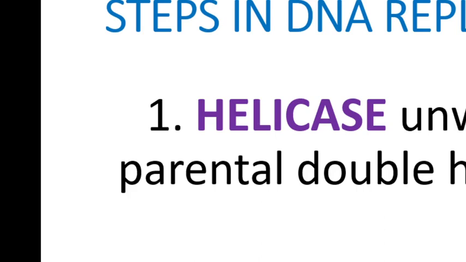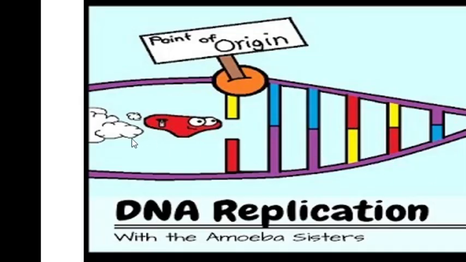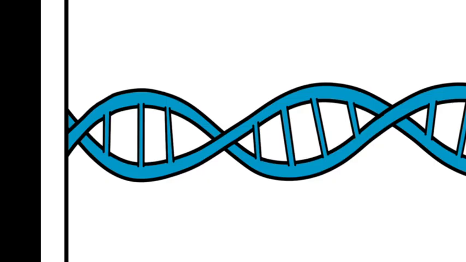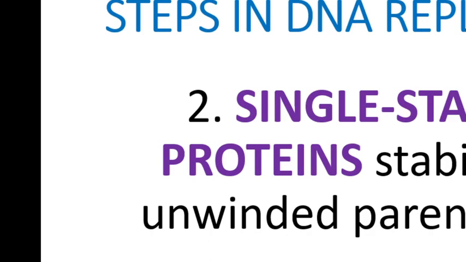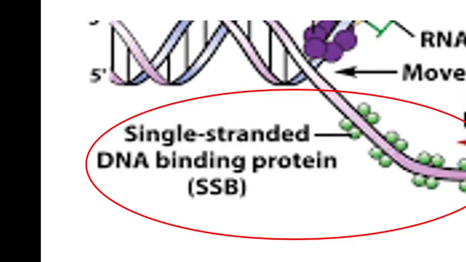It's the one unwinding the double helix of your DNA, as you can see. You can look at it on YouTube, the Amoeba Sisters, if you want. But through this, we will have examples of DNA replication. Okay, so you have to imagine that you have the double helix. So helicase again, we'll go through that. And the next thing is you will be stabilized by the SSB.